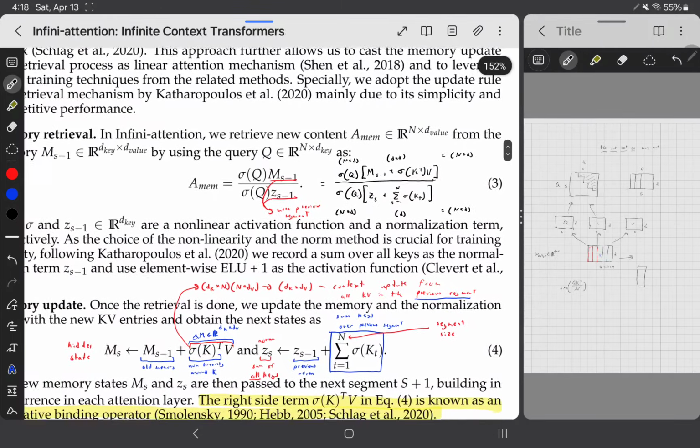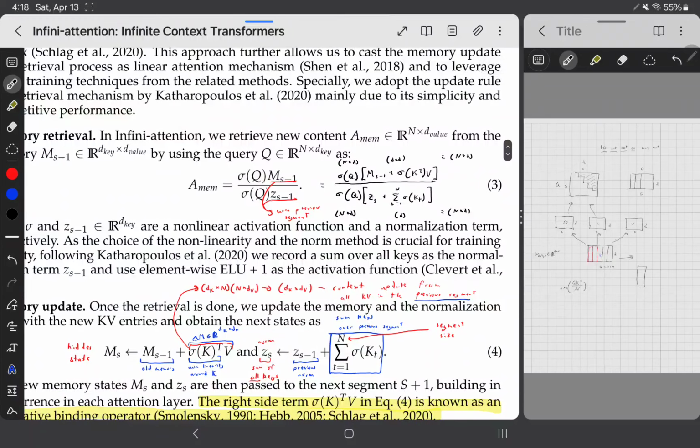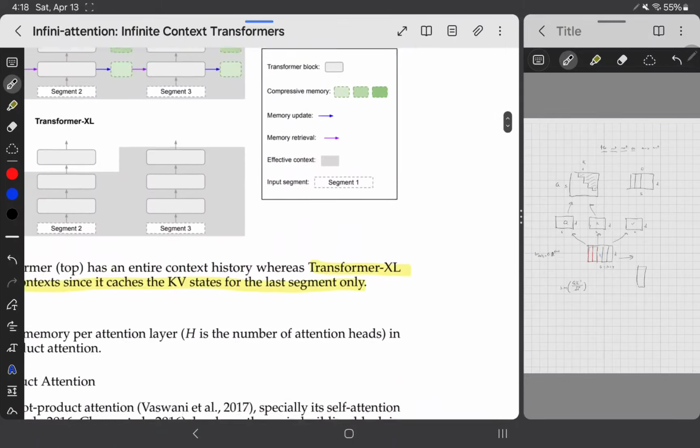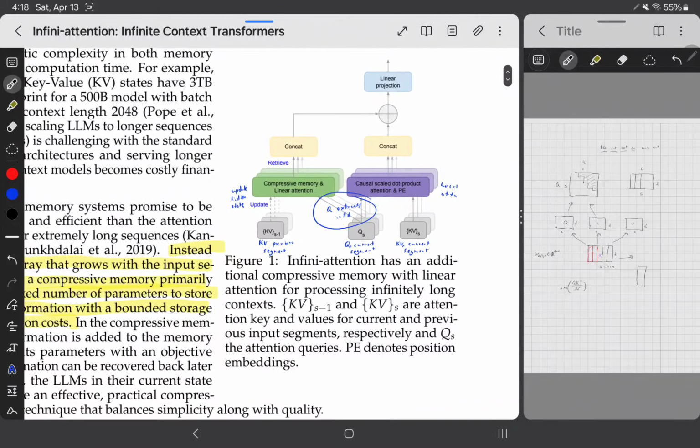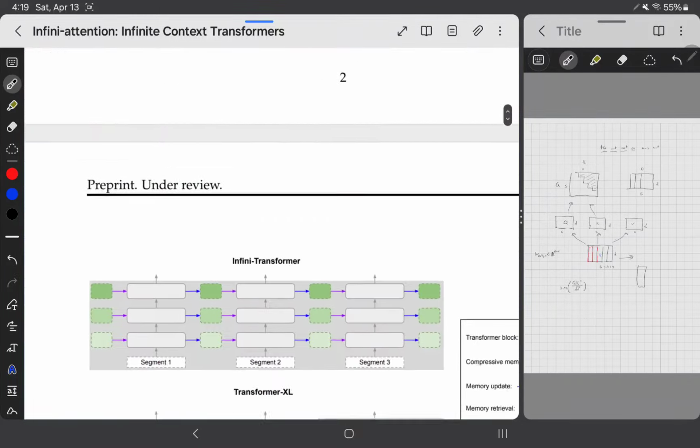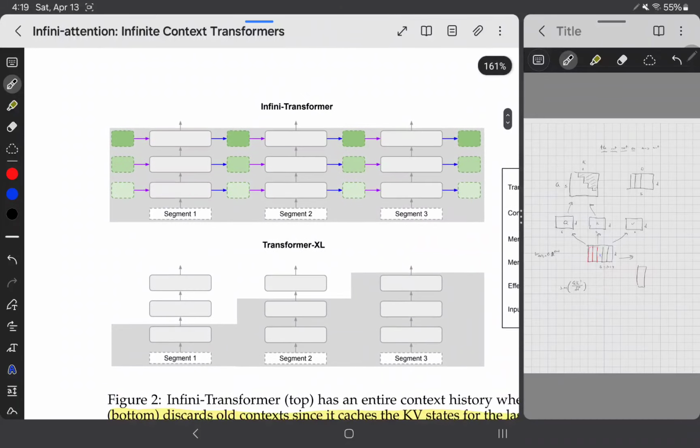Basically, the idea is we're going to have an RNN compute attention across segments. We have our sequence, and we're going to split it into segments. This will be segment 1, this will be segment 2, this will be segment 3, and the segments are composed of n tokens.